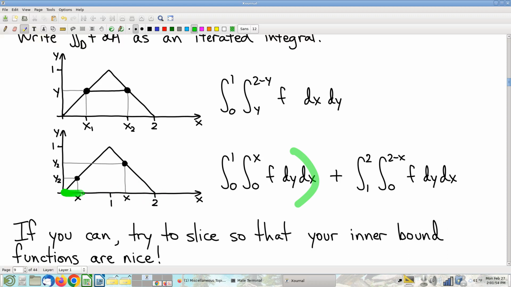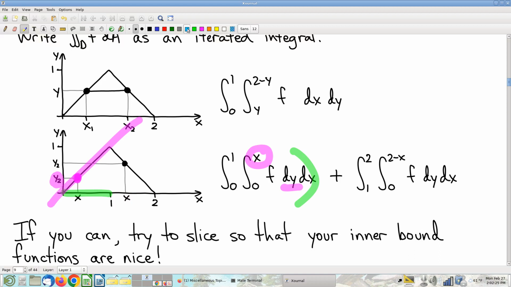Let's not worry about the bounds for x. Let's just think about these values of x between 0 and 1, and think about the upper bound for y. The upper bound for y is going to come from this point, which is on that curve, which would give me that upper bound for y.